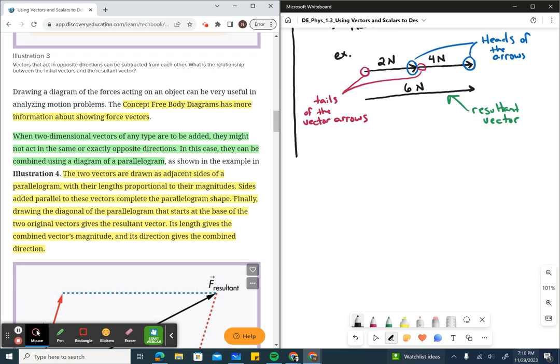We like this word here, the concept of free body diagrams. It has more information about showing force vectors. So it sounds like there's maybe a chapter further down the road that talks just about free body diagrams. But the box with the arrows pulling or pushing on it, that was a free body diagram. They're useful.